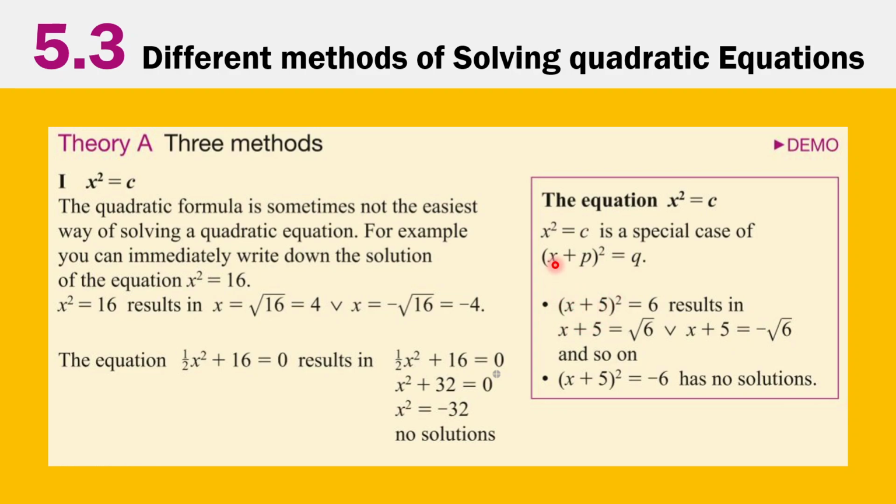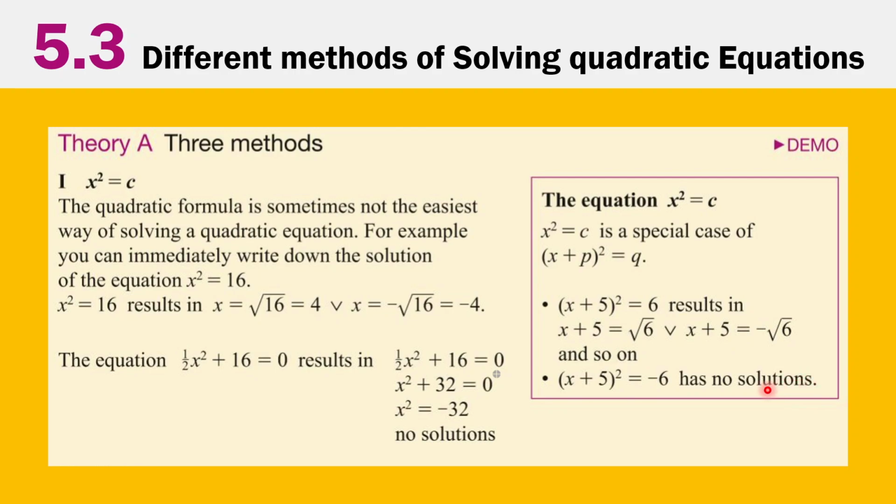Then we call it the form x plus p squared equals q. Then we can say this inside of brackets is equal to the root, or this inside of brackets is equal to minus the root here. If q is positive, I had two solutions. If q was 0, I got one solution. If q was negative, I had no solutions. Okay?